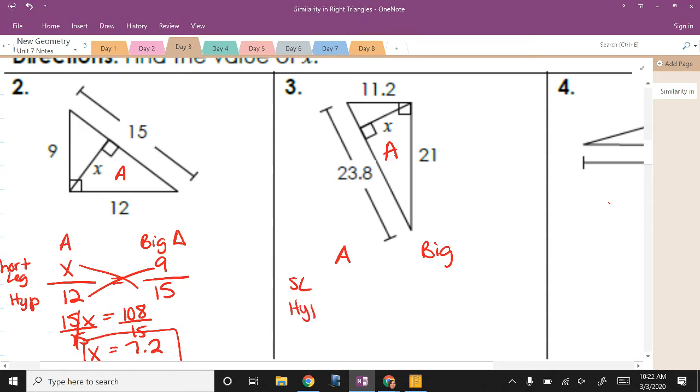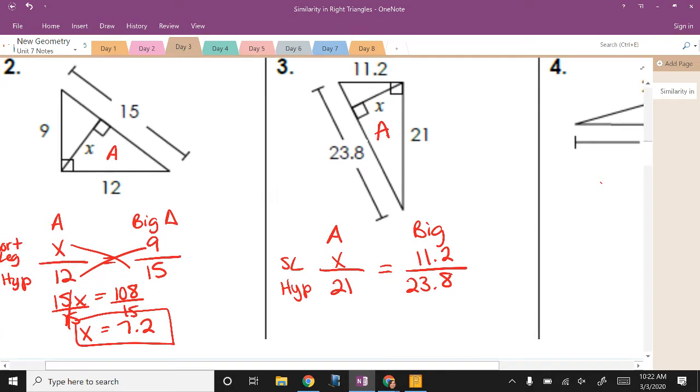So what's the short leg of triangle A? x. What's the hypotenuse of triangle A? 21. Equals, what's the short leg of the big triangle? 11.2. And what's the hypotenuse of the big triangle? 23.8. Y'all with me? Anybody question about the setup?